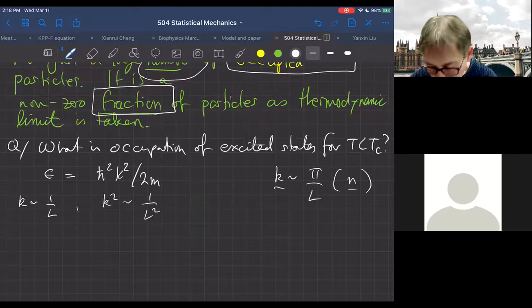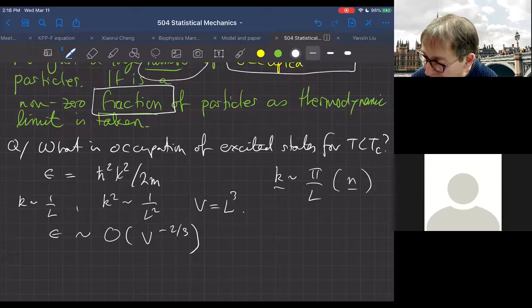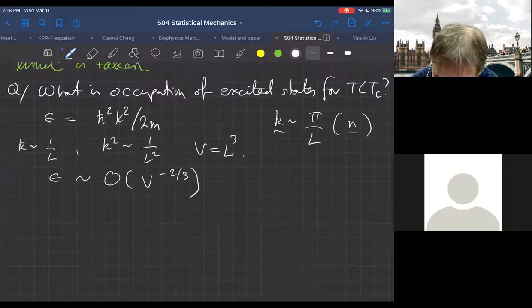And what is L in terms of the volume of the system? Well, the volume is L cubed. So what we've learned is that the energy of the system is scaling as V to the power minus 2/3. Now let's work out the occupation of a single quantum state with energy k.